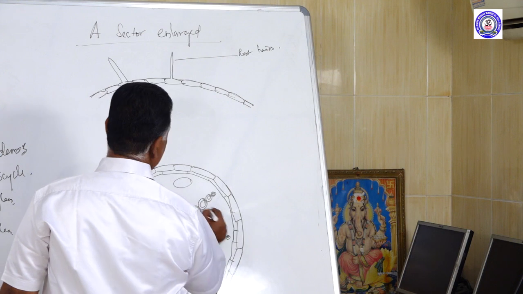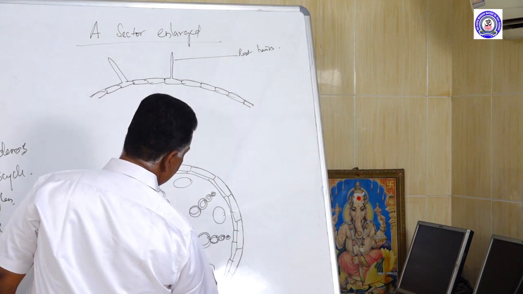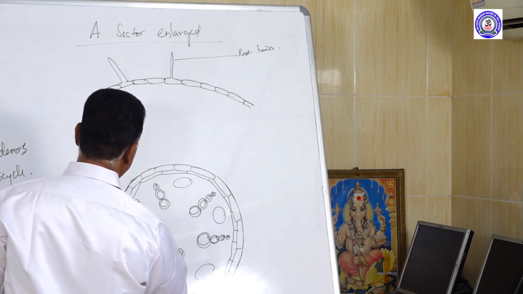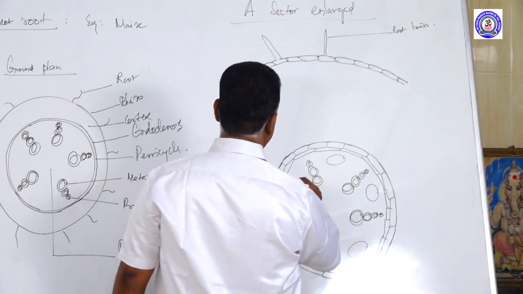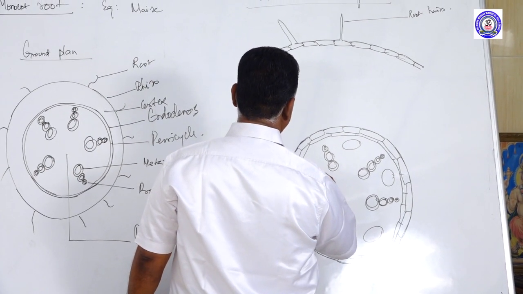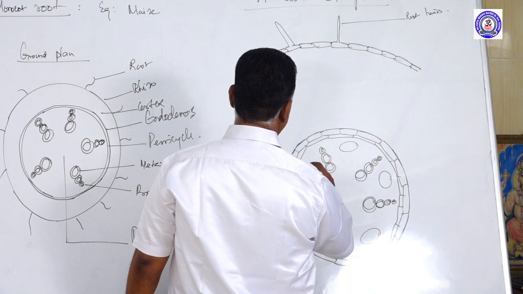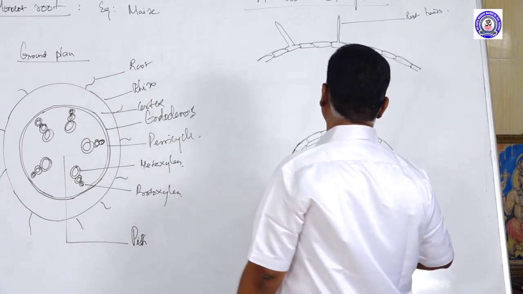In between xylem patches, since it is a radial vascular bundle, you can see phloem. I think I need not draw in all places. This is phloem in all places like this.